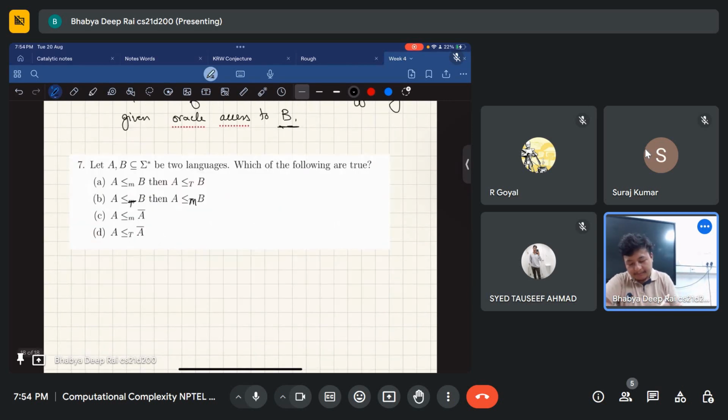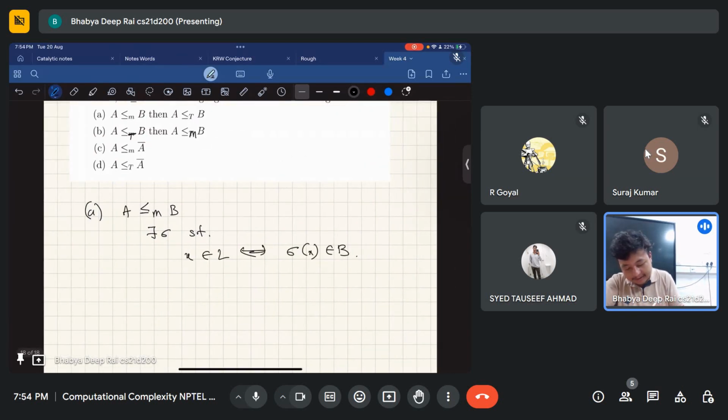Now, the first part says A reduces to B. Then it means that there exists a sigma such that x is in L if and only if sigma of x is in B. And how do I make a Turing reduction out of it?